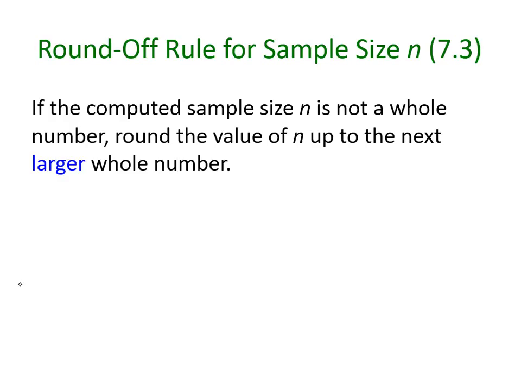Would you rather have your sample be too big or too little? Too big is better. And so you're always going to round up when you figure out your sample size. So if the computed sample size n is not a whole number, round it up to the next larger whole number. So let's look at number 16 and figure out how big my sample size needs to be.